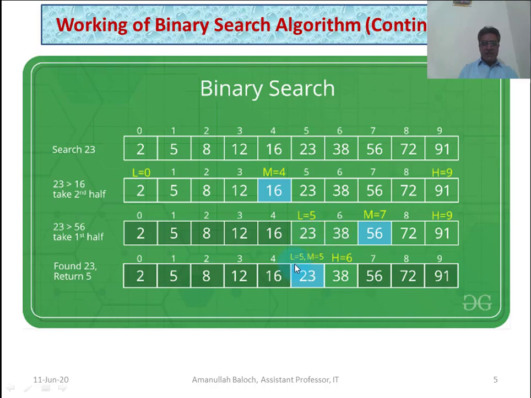Next time its lower or starting index will be 5, and the highest or ending index will be 6. This section of the array is now the target where the computer has to search for the value 23.